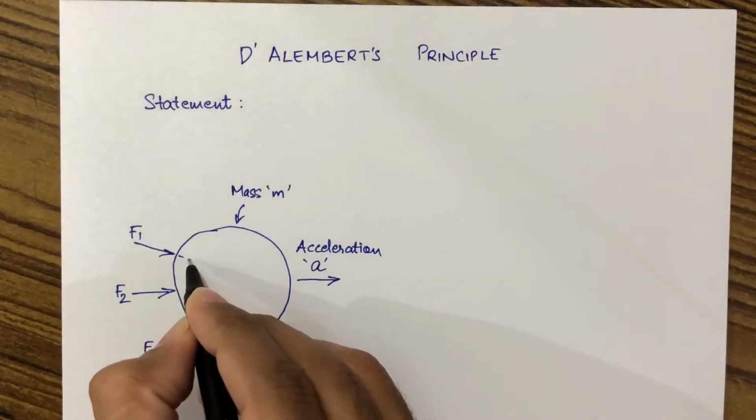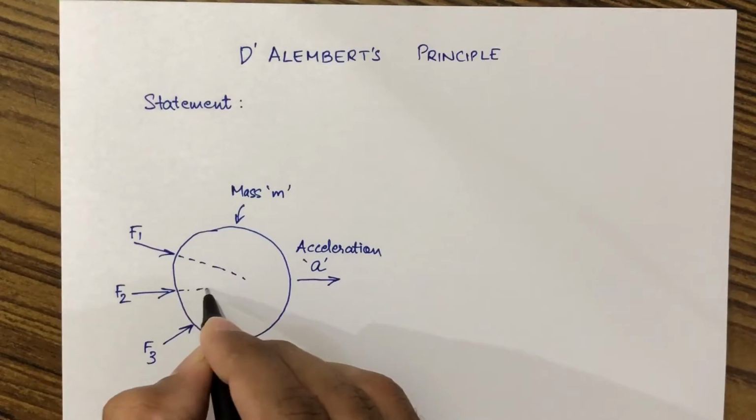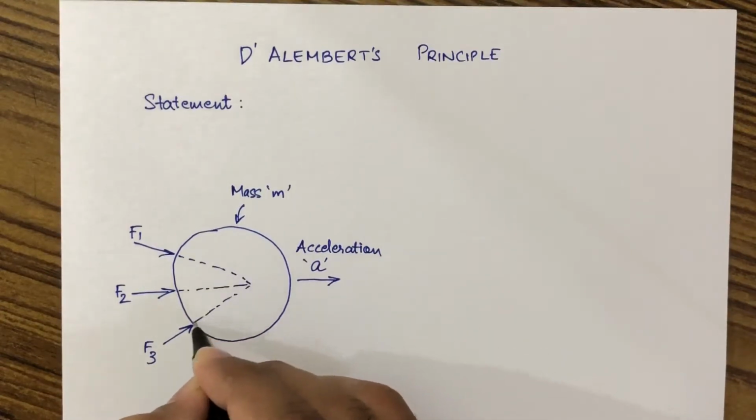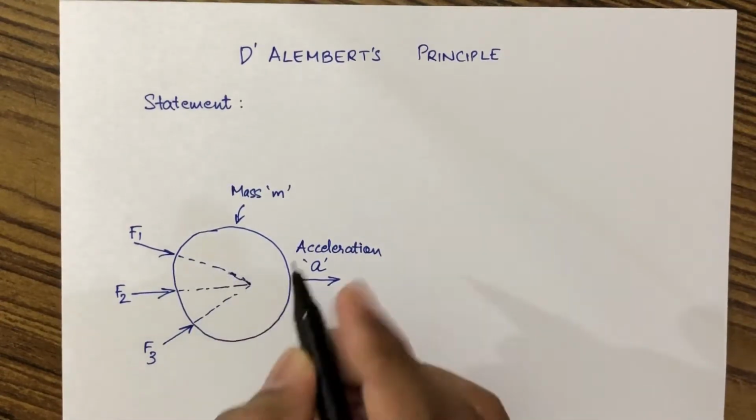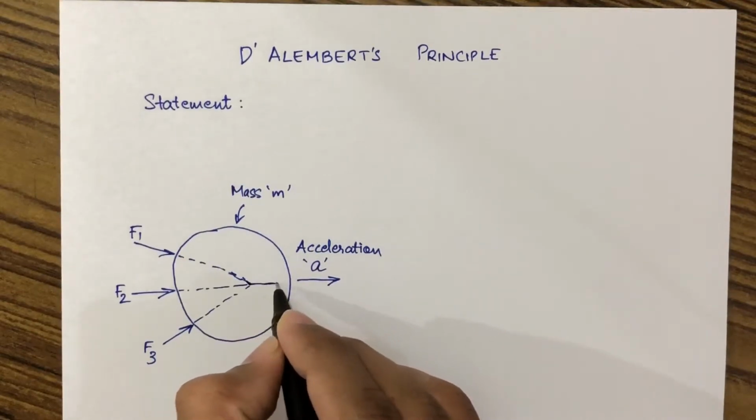Now suppose these three forces meet somewhere over here and give a resultant force, means they will produce a summation of all the forces.